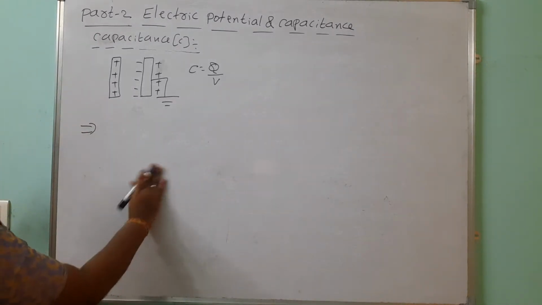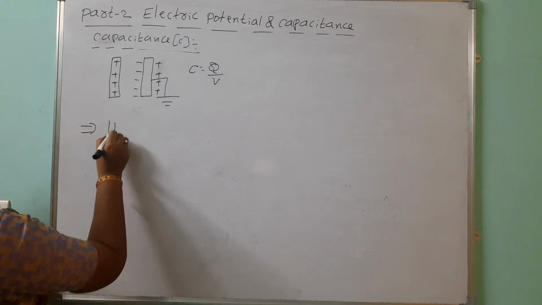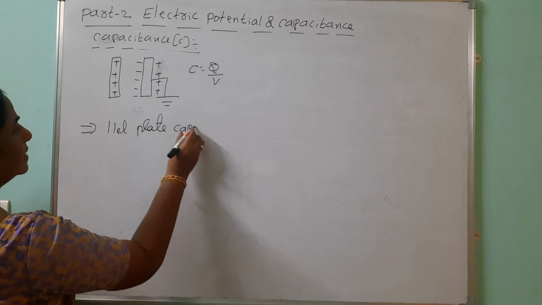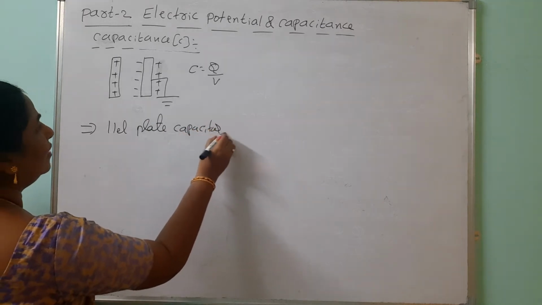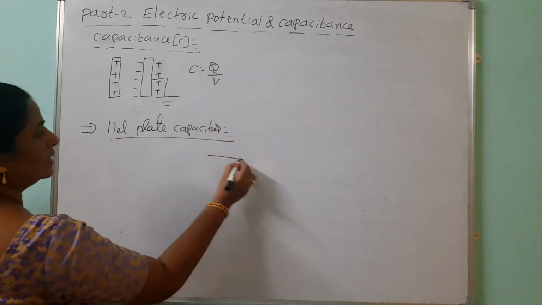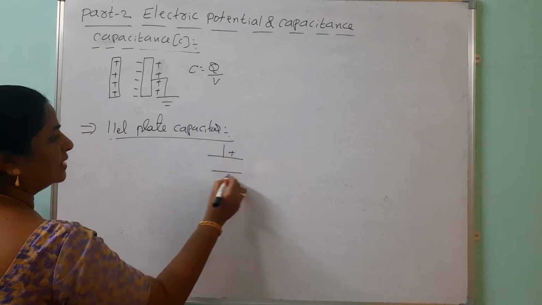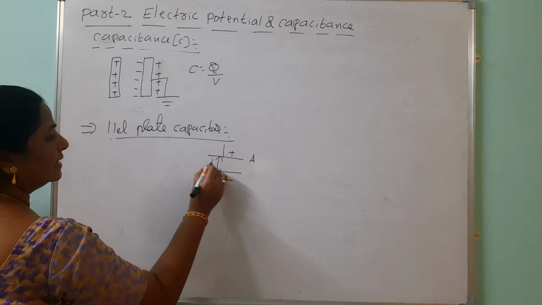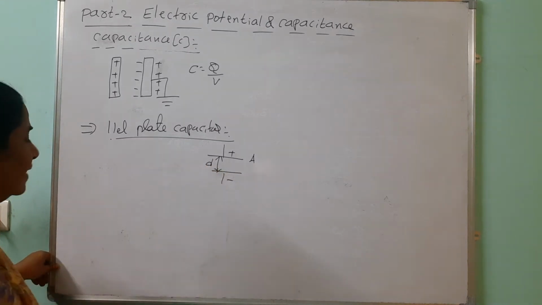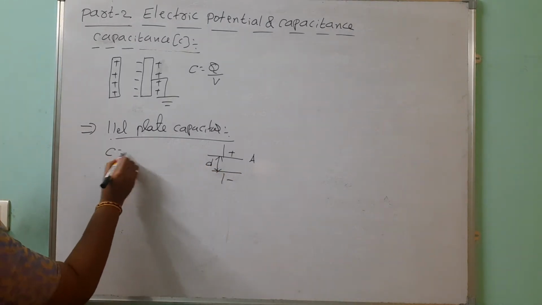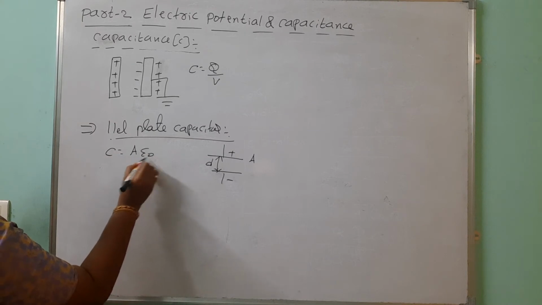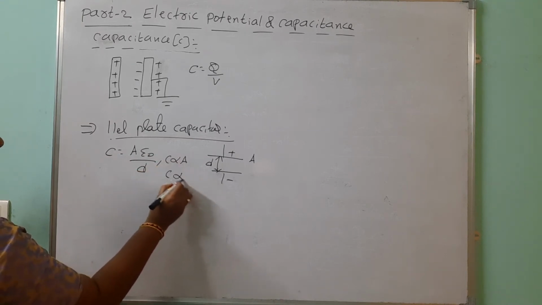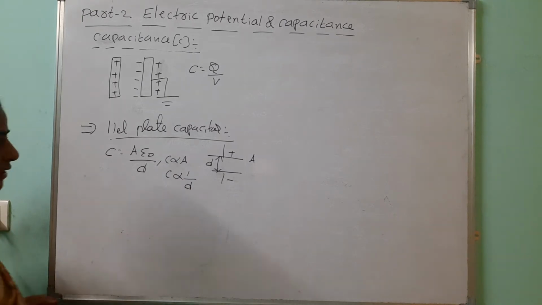Then we are going through the parallel plate capacitor. Here many formulas are included. See, this plate is given positive, this is given negative, the area of the plate is A, and the distance or gap between them is T. Here the expression is C equals A into epsilon naught by T. Means C is directly proportional to area, and C is inversely proportional to distance.